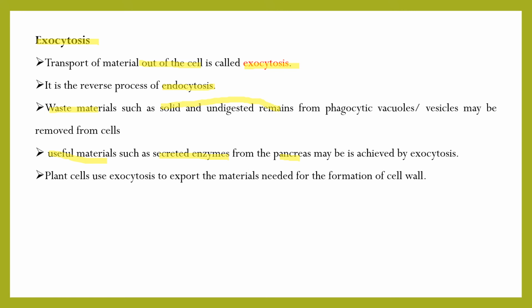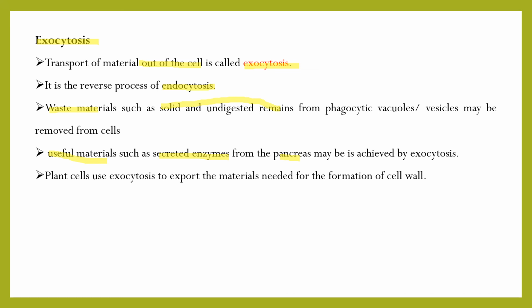They are produced in pancreatic cells, but their function is in the small intestine. Therefore, they must be transported by a process known as exocytosis. Not only enzymes, but also other important materials, for example, hormones, are transported from where they are produced to where they are functioning.